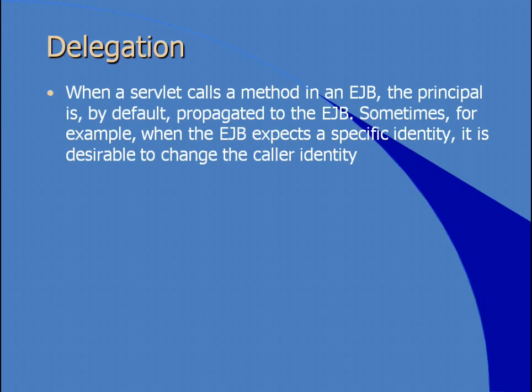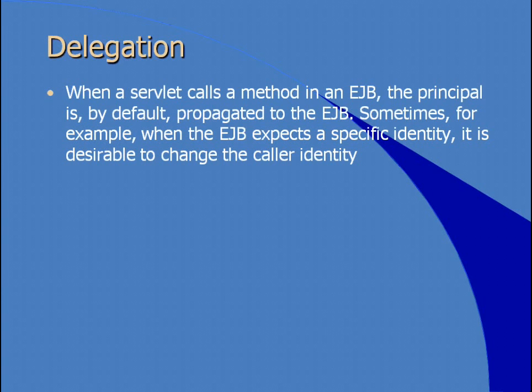The application server handles the containment of web application resources compared to EJB resources, and a call is made within the application server itself, or possibly to an EJB in another application server, outside of the JVM. So when a servlet calls a method on an EJB, by default the principal is propagated to the EJB. In other words, the user information is propagated to the EJB.